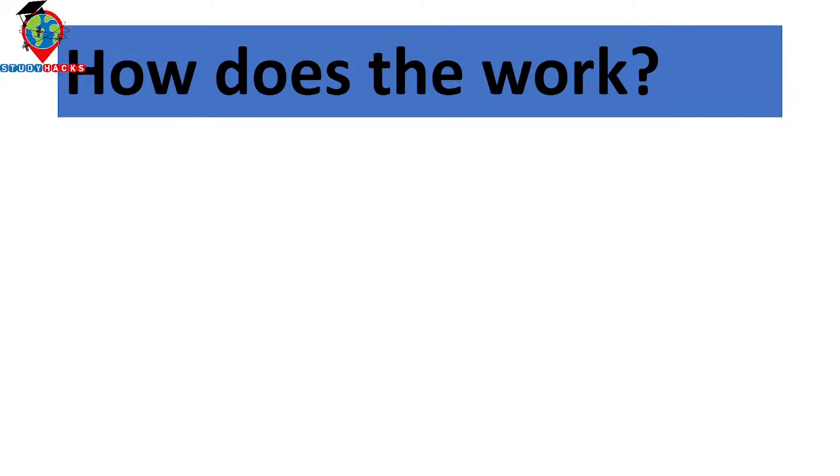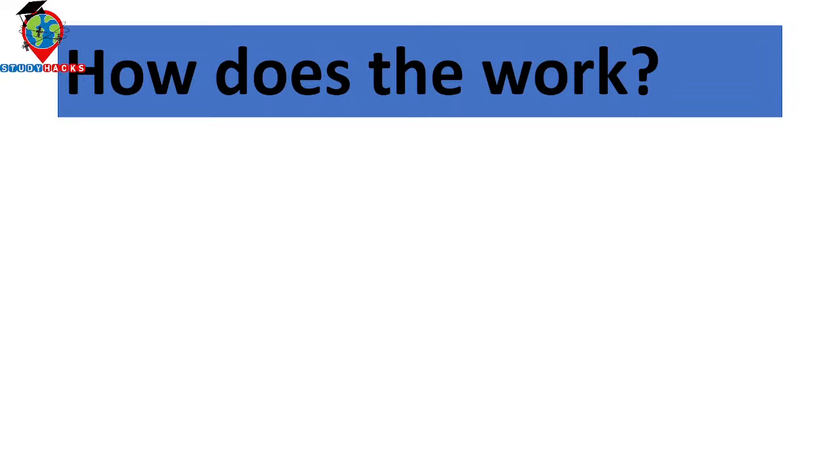And how does it work? We already know that Google Earth Engine is a totally cloud-based platform, and every cloud-based platform has its own server, and everything is controlled from the server. Suppose I write a code; this code sends a message to the server, and in a matter of seconds the server sends me a response. Suppose I need a Landsat image, so I write the code for Landsat.